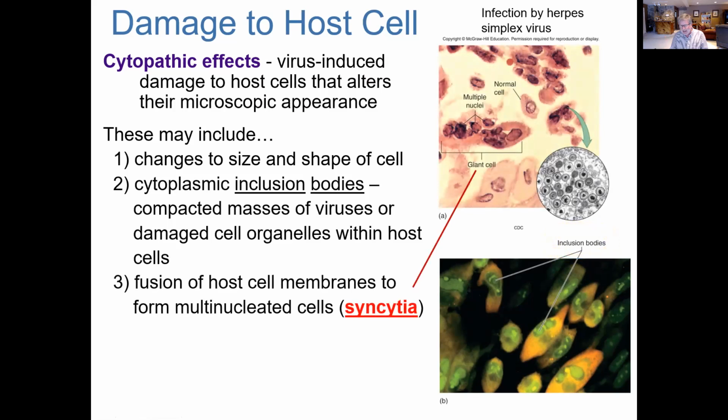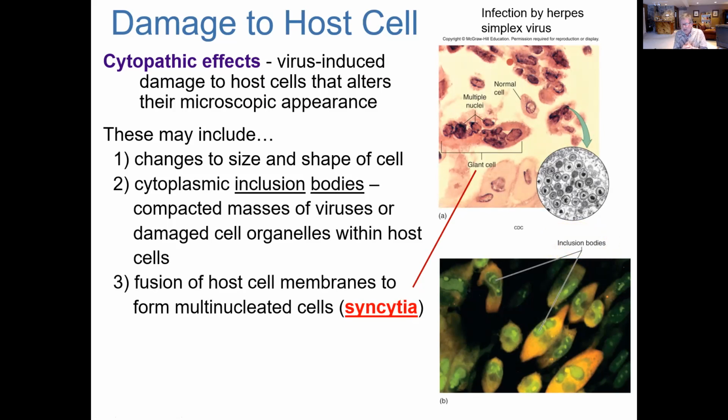And the other fascinating thing that we see in host cells is their ability to fuse together and form what we refer to as multinucleated cells that are collectively called syncytia. So here we have what's termed a giant cell, which at one time consists of normal cells that have been infected by virus, and now they kind of all coalesce, their cell membranes fuse together.